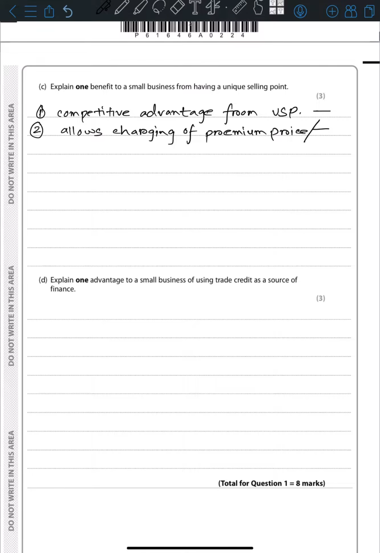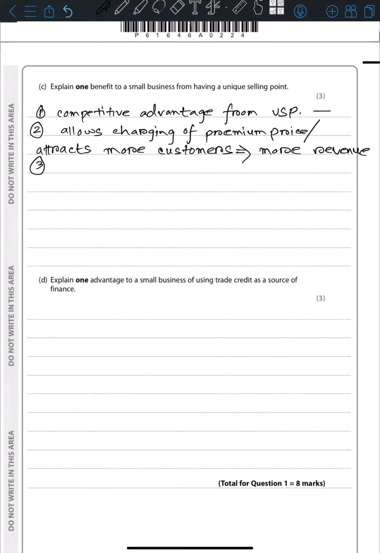or we can also write attracts more customers. Attracts more customers, and if you attract more customers, that leads to more revenue. And lastly, how this point is going to benefit the business.